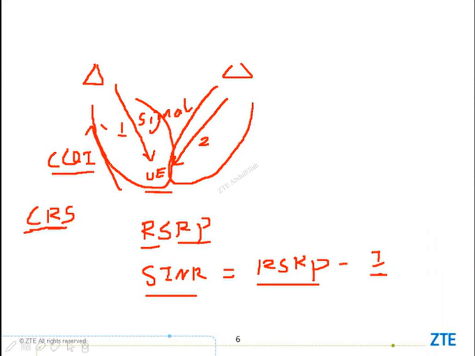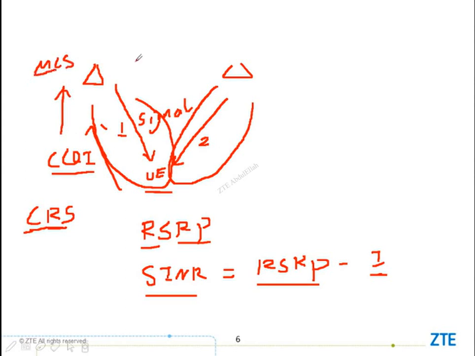So that means if the UE detects the signal is higher, then the UE will report a higher CQI level. So when the eNodeB receives the CQI, the eNodeB will make the scheduling from CQI mapping to the MCS. MCS means modulation and coding scheme.